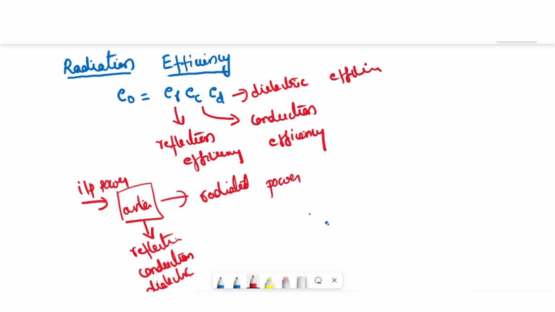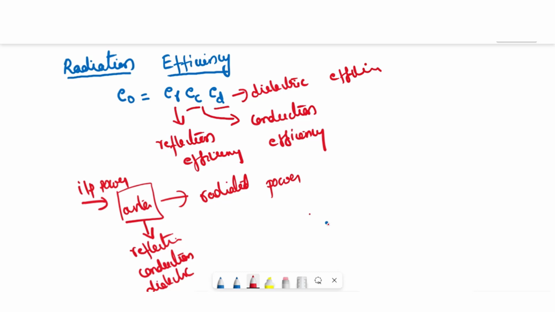Okay. And another point is, see, this EC and ED, conduction and dielectric. What is conduction? Conduction loss or conduction efficiency is due to the conductor. What is the conductor here? The element is made up of conductor. In the case of antenna, the antenna is a conductor.